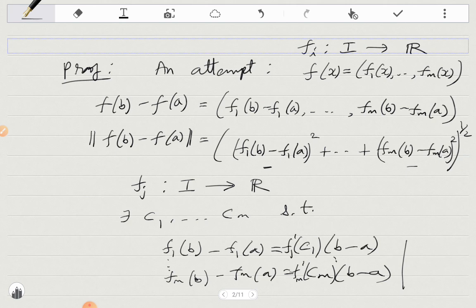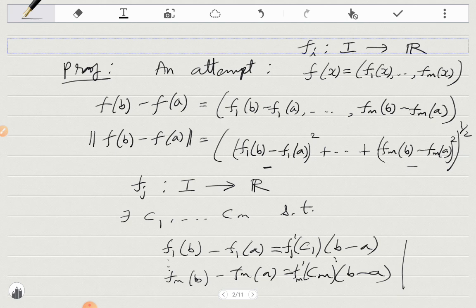So let's try anyway. I'll write f(b) minus f(a), and I'll get corresponding components. Then I take norms on both sides. Since it's just the Euclidean norm, I get this expression.